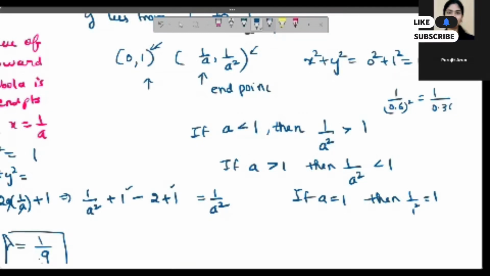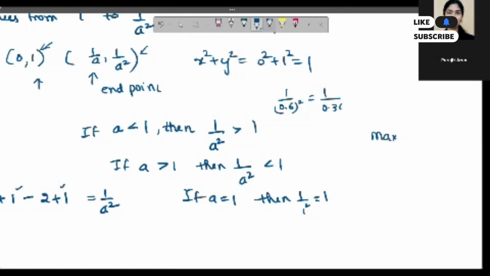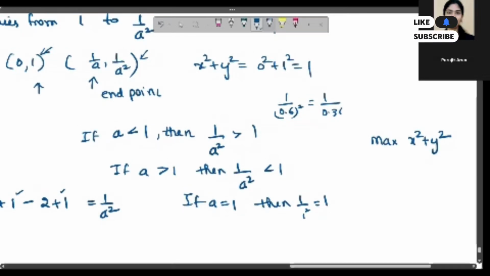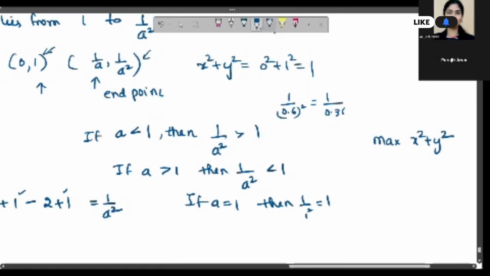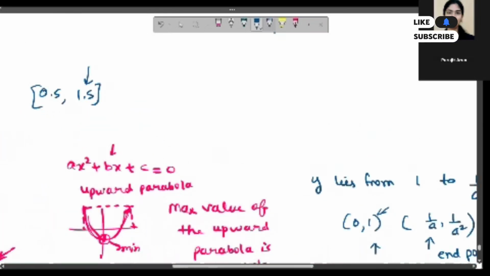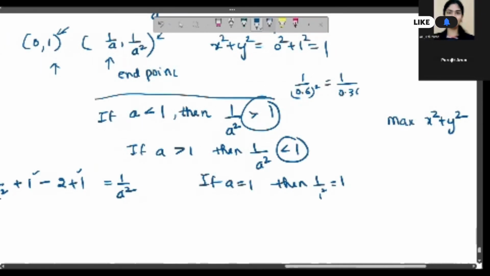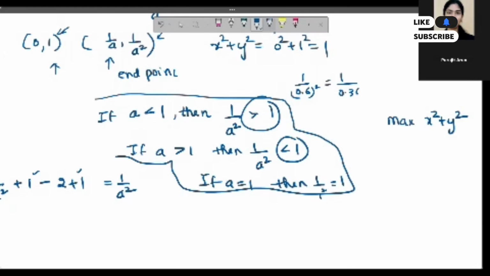So these are my y values. What do you think? Which one is giving you the maximum? Greater than 1 is also constrained to that limit of a, which is not more than 1.5. Ma'am, the last three steps I did not understand. So I was trying to define a, because a is a continuous interval lying from 1 by 2 to 3 by 2.